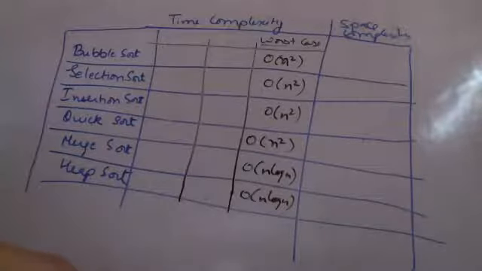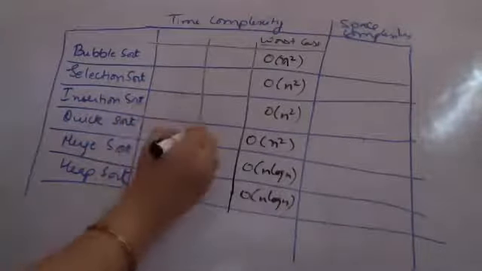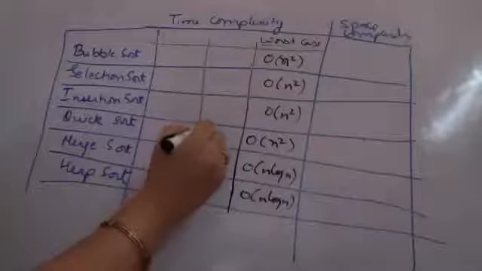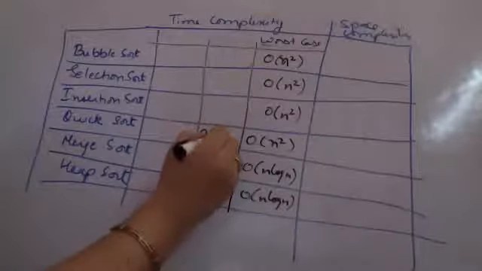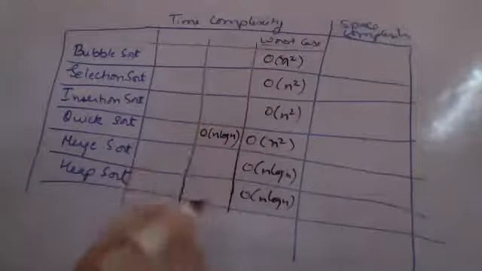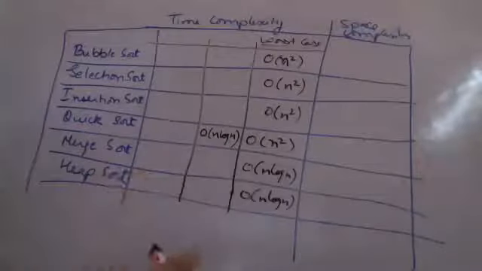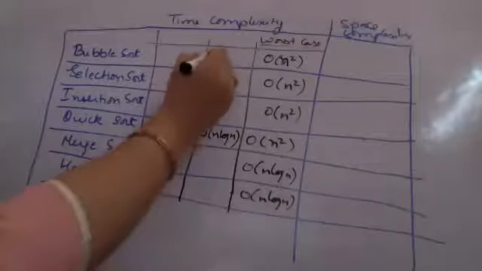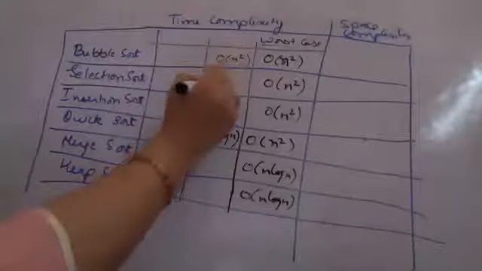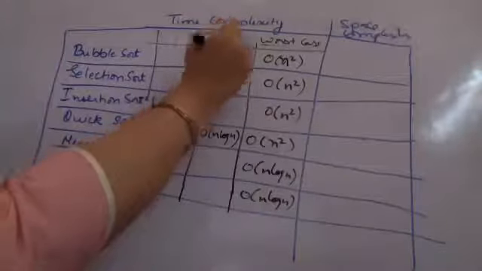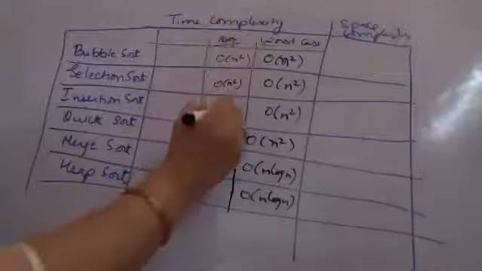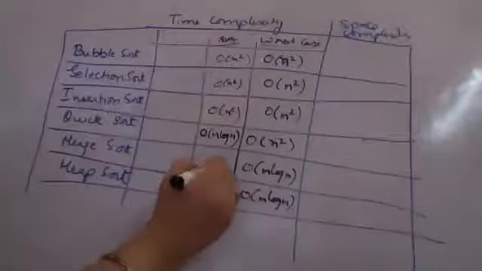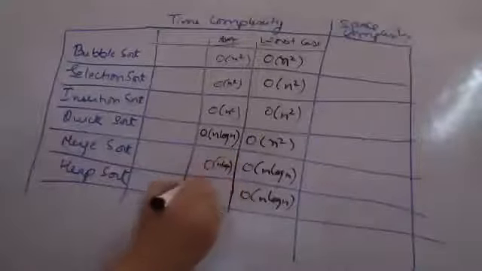The average case complexity for quick sort is of the order n log n, which is less than the n square. We will just revise how, and the rest all remain the same as the worst case: n log n and n log n.